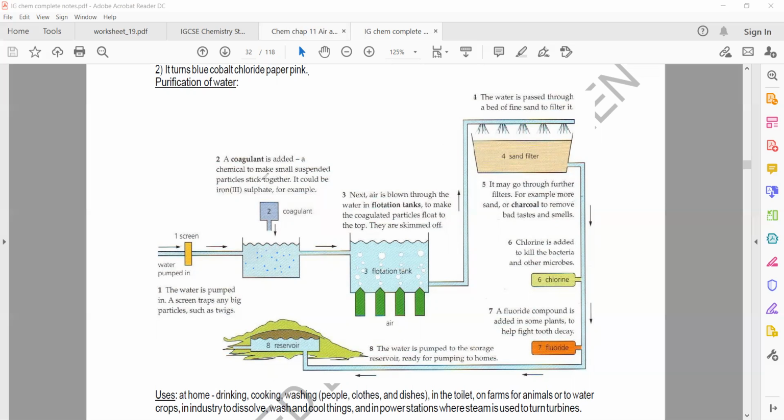So we use a coagulant here. Normally aluminum sulfate or iron 3 sulfate can be used. When we add this aluminum sulfate or iron 3 sulfate, it will attract the fine particles, and these fine particles join together.